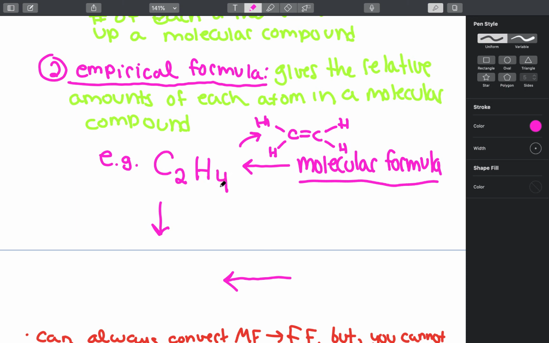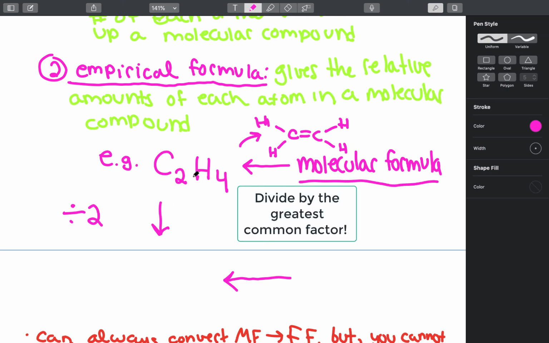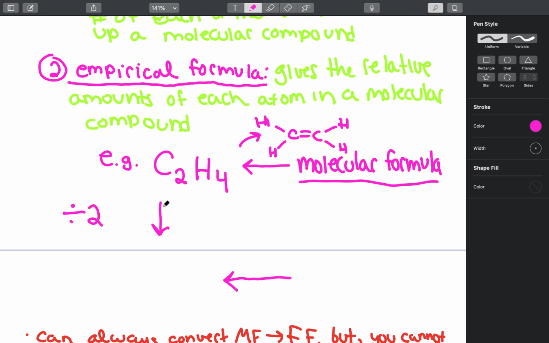However, in order to find the relative amount of each atom in this molecular formula, you have to divide it by 2 in this case. So you divide it by its common denominator. In this case, you would divide it by 2, and this would give us CH2.